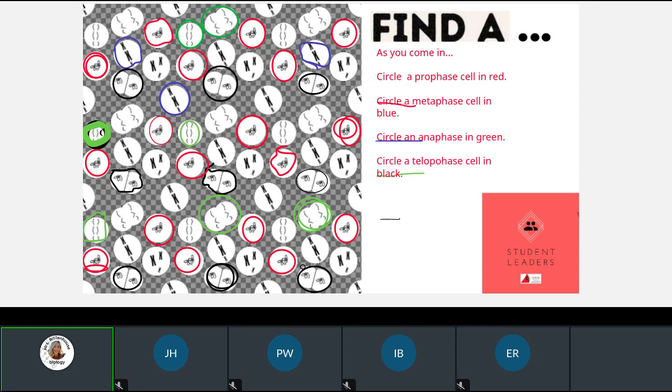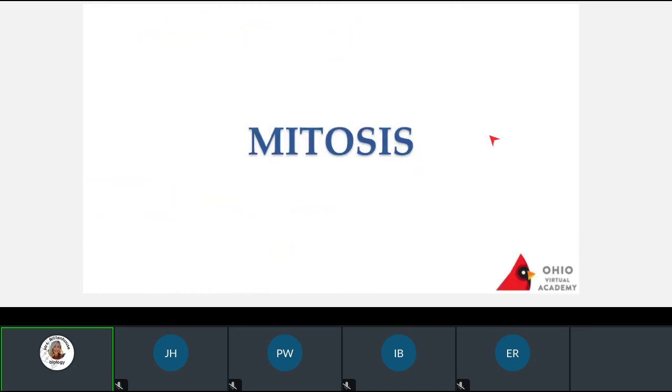All right, so we are going to go ahead today and move into meiosis. Yesterday we talked about mitosis. What is mitosis? Somebody tell me. Yes, the division of cells, the duplication of cells.